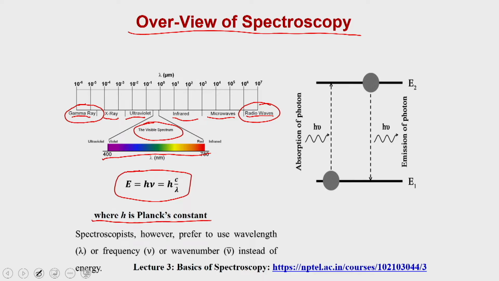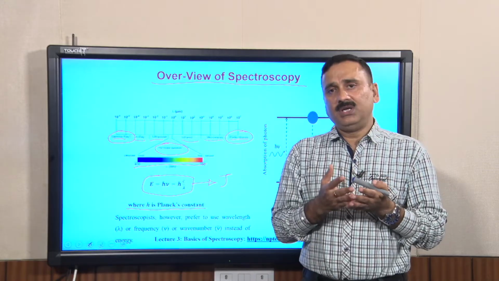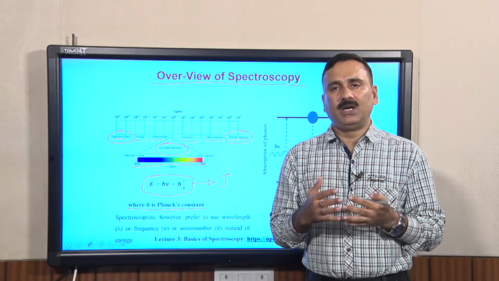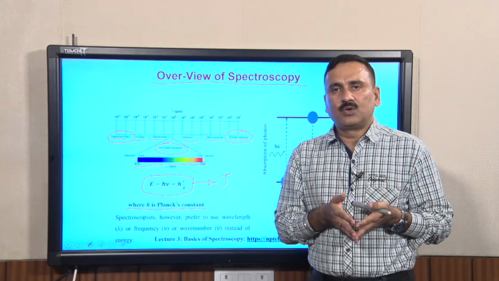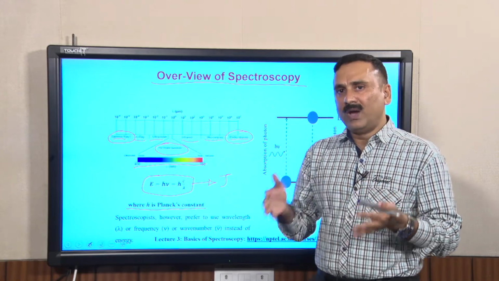If you calculate the energy, you get it in joules or kilojoules, and many times the kilojoule can be converted into electron volts, but mostly spectroscopists use a term called the wavelength.